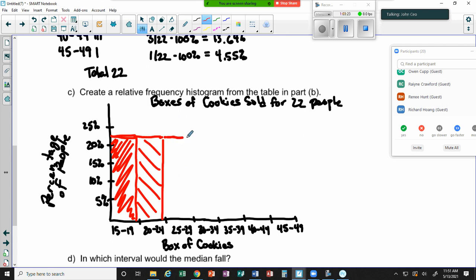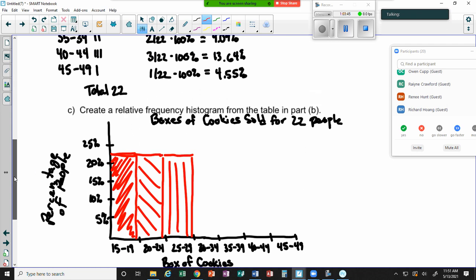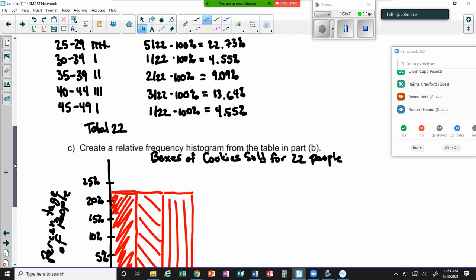25 to 29. That one I might just leave blank. Okay, I got the rest of them shaded. I'll leave that one blank. You could come up with some other distinguishing marks so you can tell the difference between them. Okay, then 30 to 34.